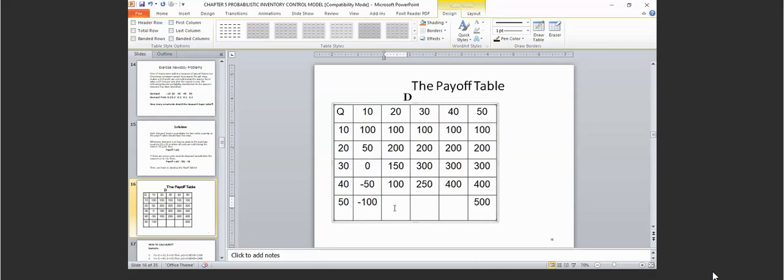Di sini kita akan dapat 100. Di sini kita akan dapat 320 kali.